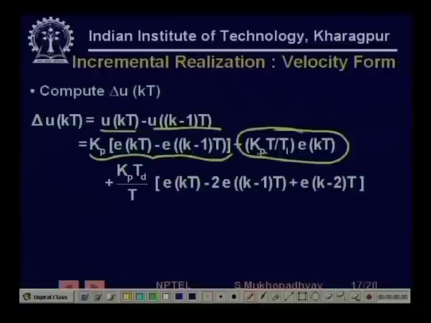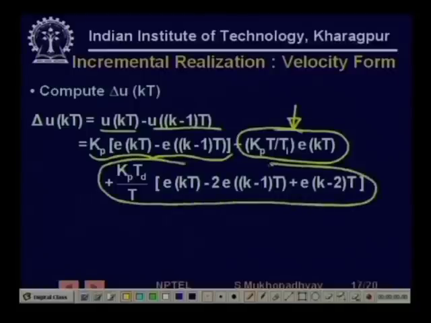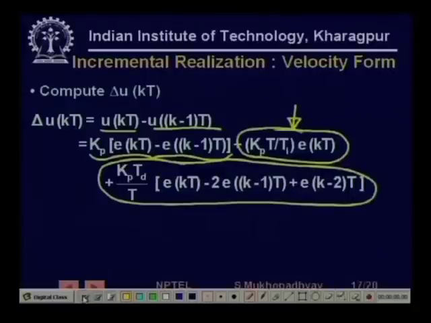This is the integral part of delta u, and the derivative part of delta u is basically the difference between this and the same thing at k minus 1. By taking a difference of these terms you can generate delta u very simply. So, it is not a difficult problem.